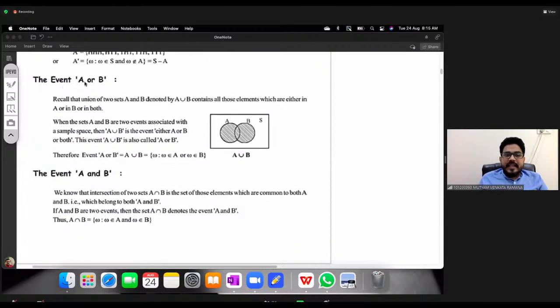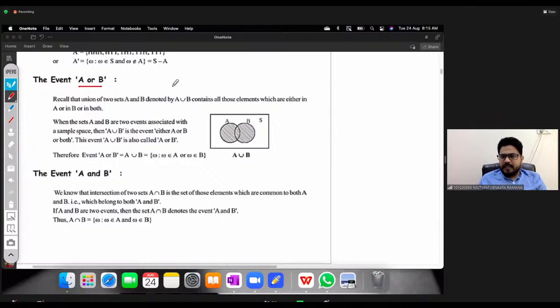Next, event A or B. Event A or B means A union B. What is the meaning of X belongs to A union B? X belongs to A or X belongs to B. If X is there in A or X in B, no problem. So here this is the sample space, this is A, this is B. You are going to get this one.